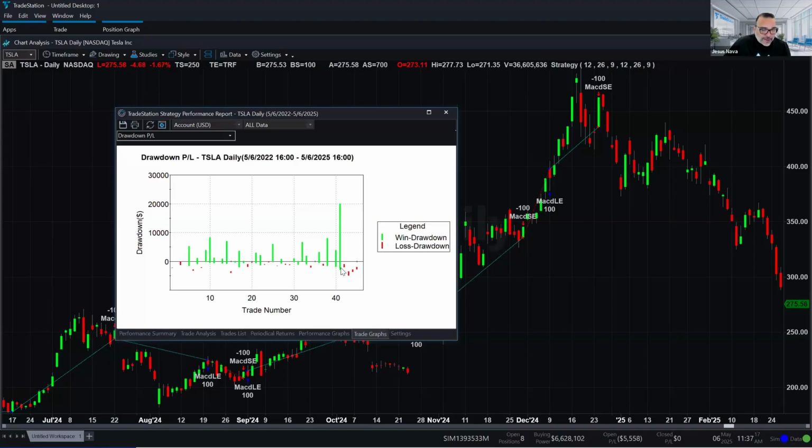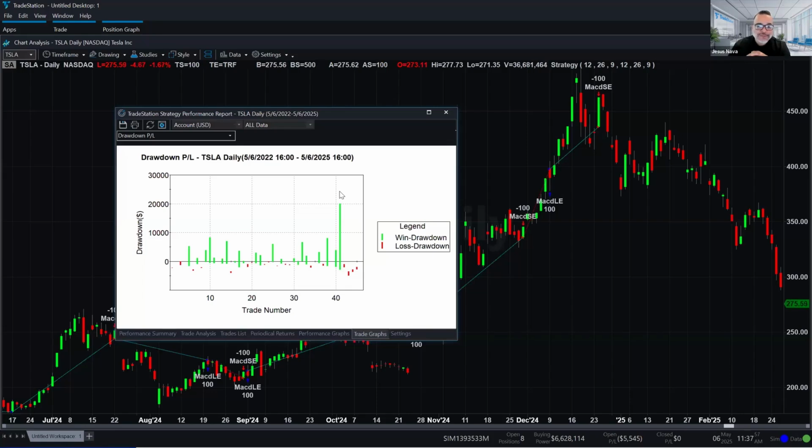Like this green bar, we can see that this is a huge winning trade, but it had a huge drawdown too. This is trade number 41, the same trade that we've been looking at. The high profit was 20,000 and the lowest it got was 2,943. So the movement before it was able to capture those 20,000 was huge. So that's pretty much what it's telling you.